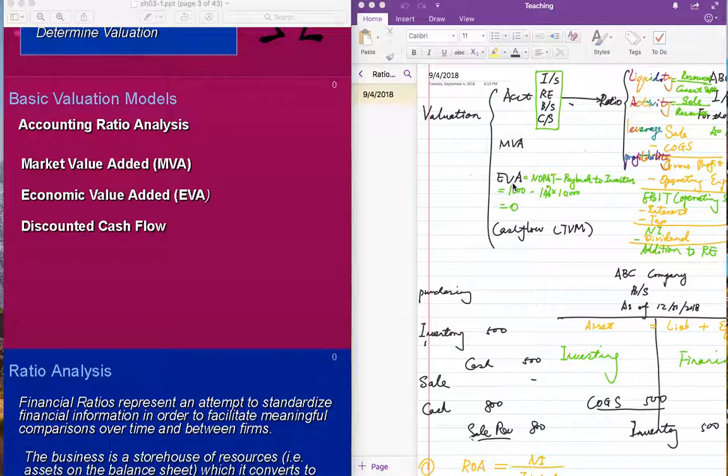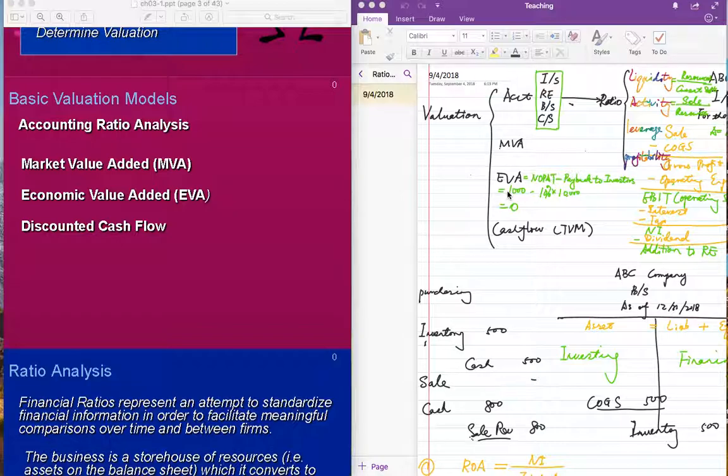Third is economic value added. Economic value added does not look at valuation from an accounting perspective, nor from a market perspective. Instead, it looks at the real economic value added, or the residual value from the firm's operating activities after the firm pays back all that is required by the investors, including creditors and shareholders.